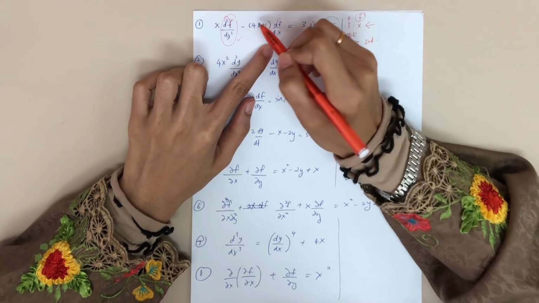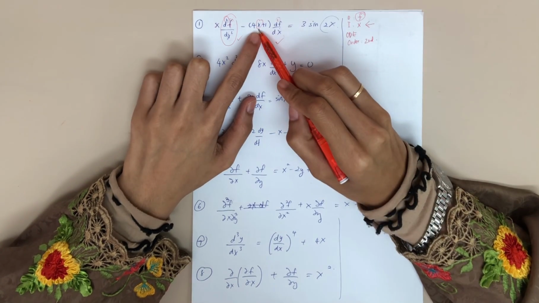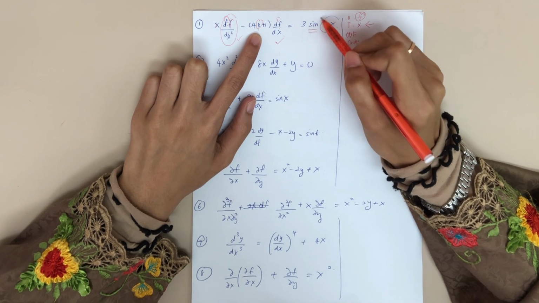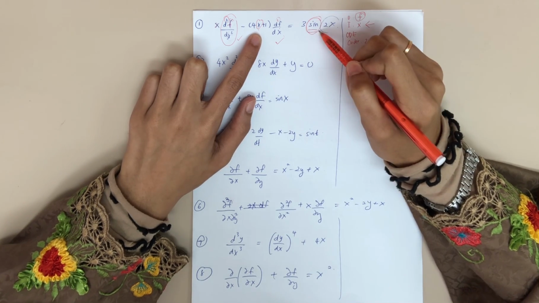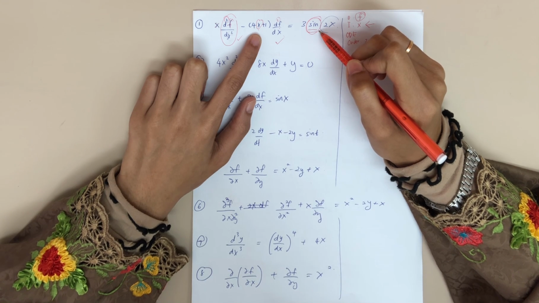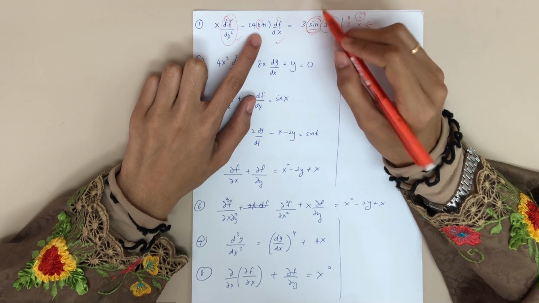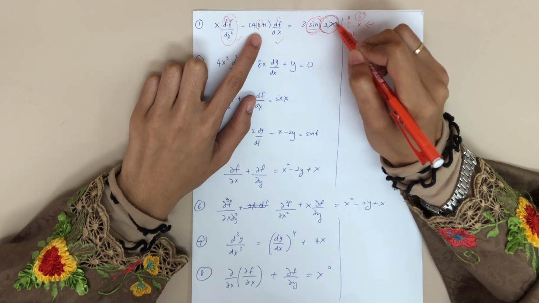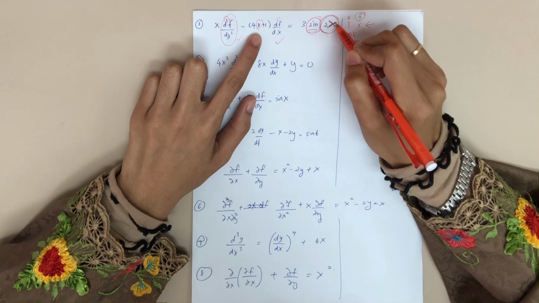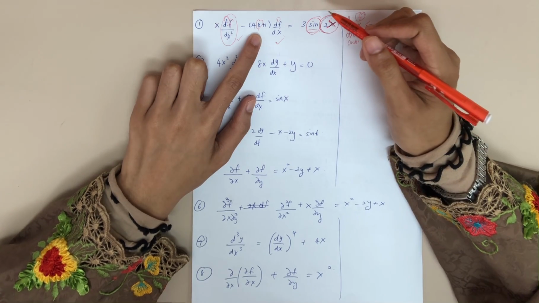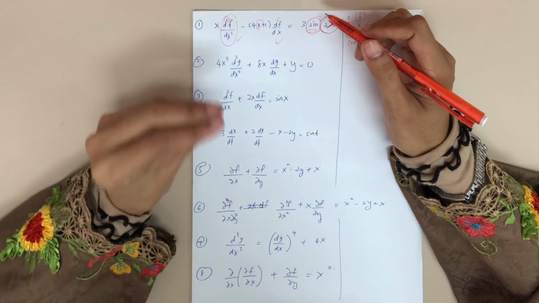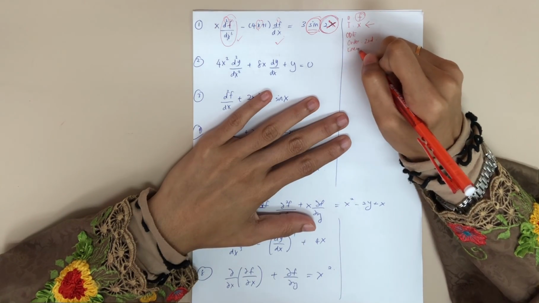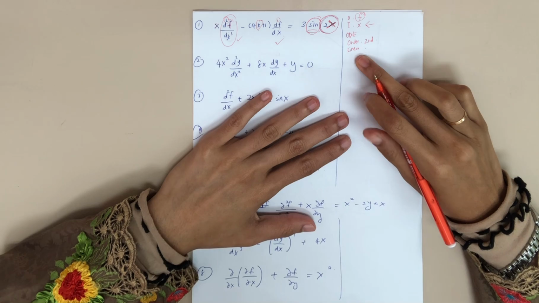This one also okay because this is an independent variable. And one more thing here is there is sine, which is a non-linear function. But you need to see which variable is involved here. It is X, an independent variable. Therefore, all the conditions are fulfilled. Therefore, this one is linear.